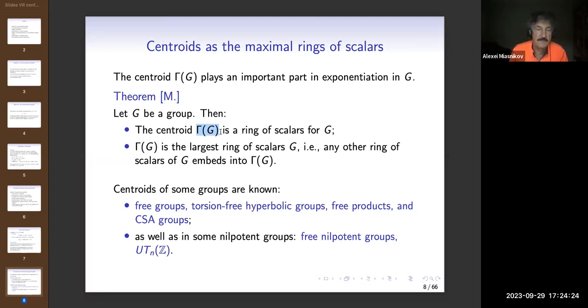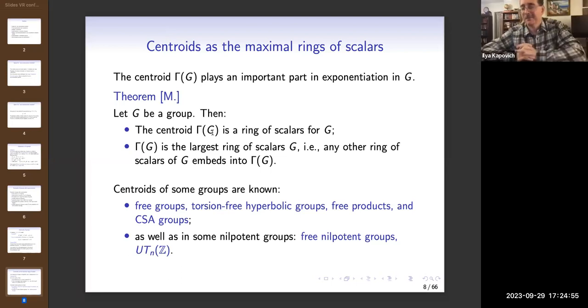So indeed, all subrings of gamma of G are rings of scalars of G, but an arbitrary ring R maybe does not embed, because you need to take G to the R first, the extension, and then it will be gamma of G to the R, which is a new centroid. I don't know, Ilya, does it make sense? Yeah, I think it does. Yes, thank you.